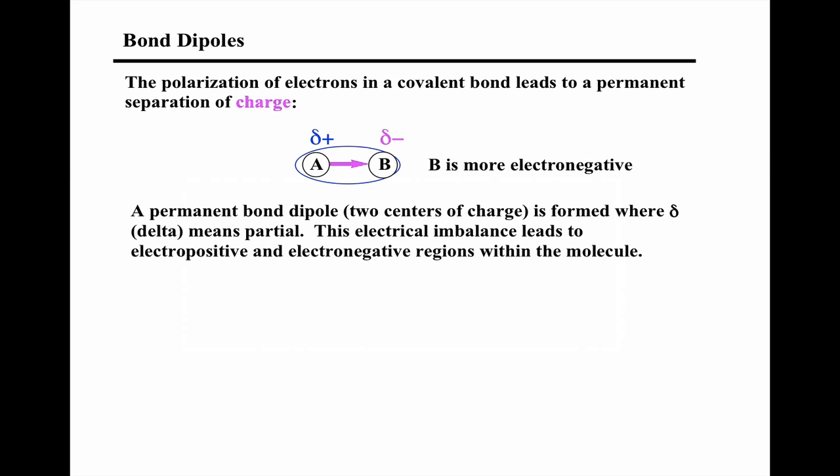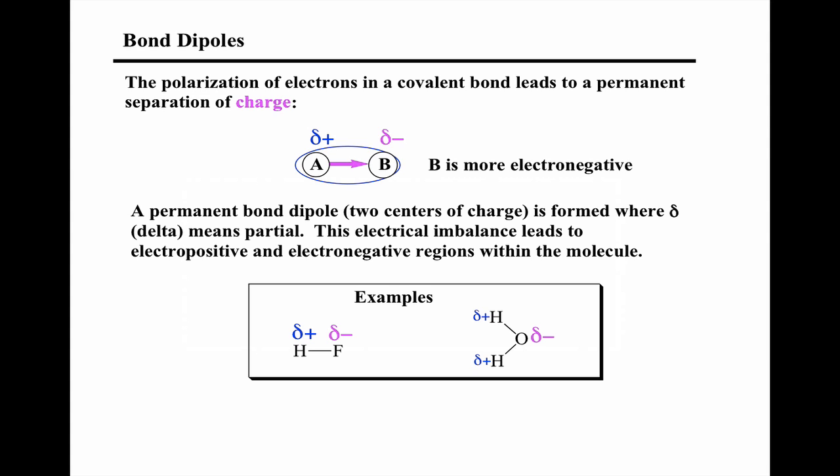So we'd have a partial negative charge on B, a partial positive charge on A. We would say that it has a permanent dipole that goes from A to B. We would draw that with a plus sign here, an arrow going to B. Some examples are HF and water. Those both have permanent dipoles, absolutely.